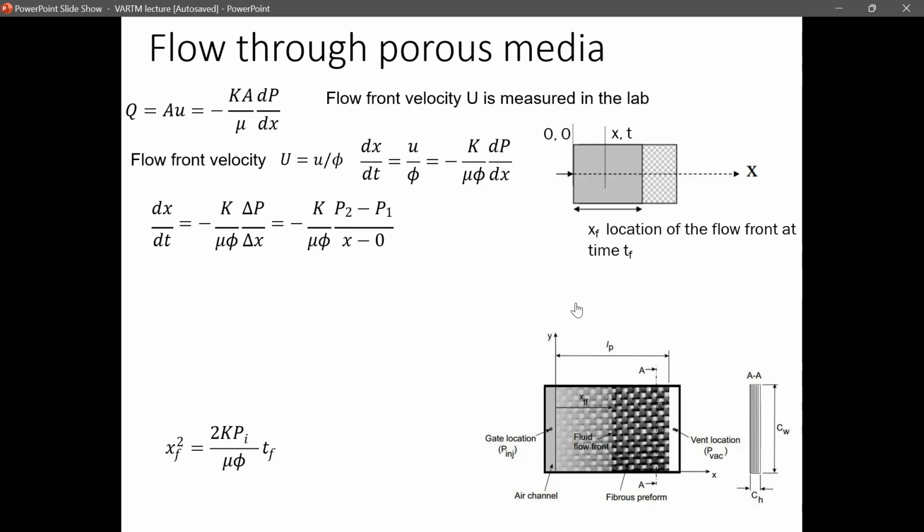What are these P2 and P1? P2 is the P at the outlets, which is where you're sucking air out. And P1 is the P at the inlet, which is where you are pulling the resin in, right? Does this make sense? One question, what is the pressure at the inlet? This is where you are pulling the resin in.